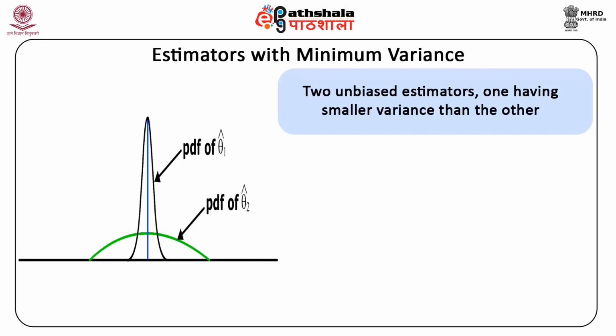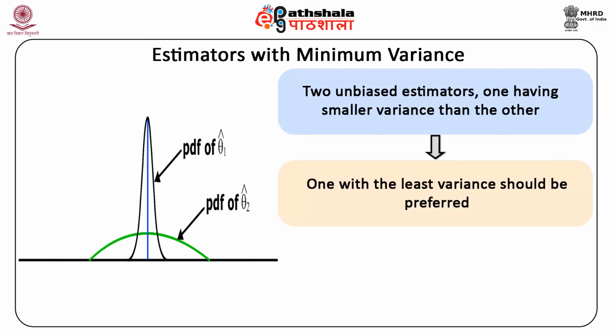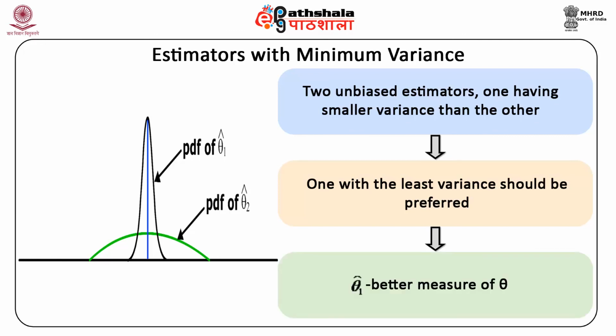In the figure, we have two unbiased estimators for population parameter theta, which are theta 1 hat and theta 2 hat. The variance of theta 2 hat is greater than the variance of theta 1 hat. The one with the least variability or spread should be preferred. Hence, theta 1 hat is a better estimator of the population parameter theta.